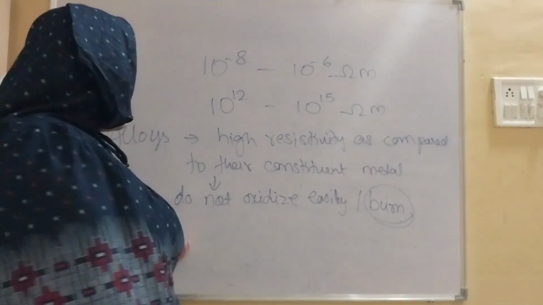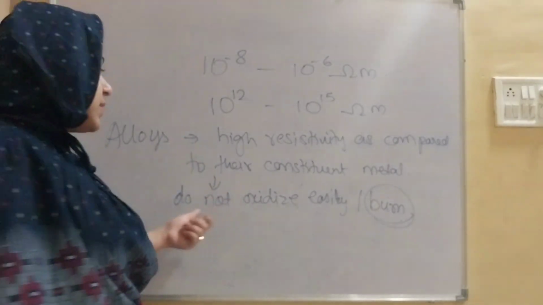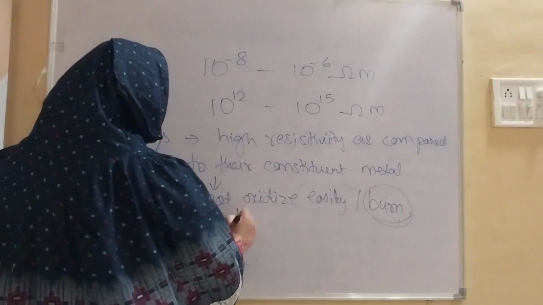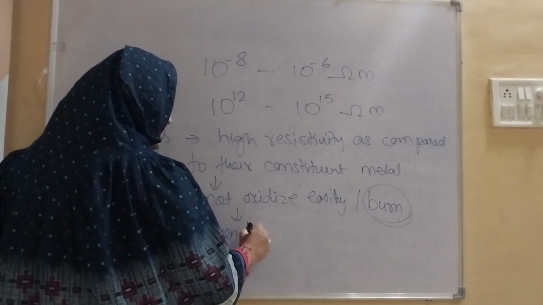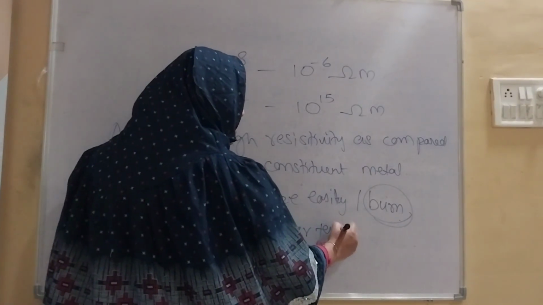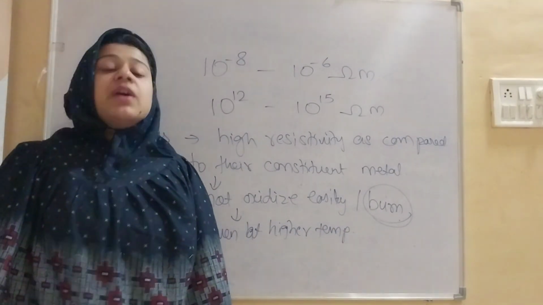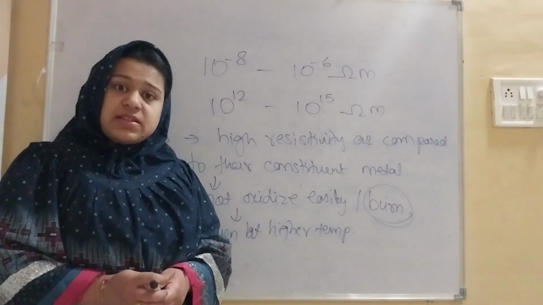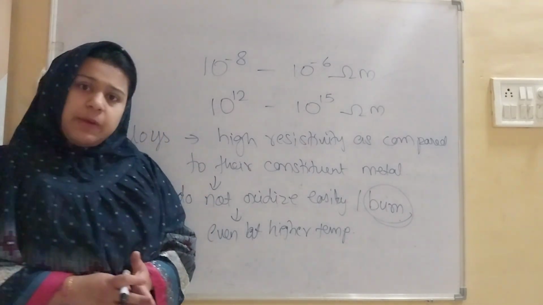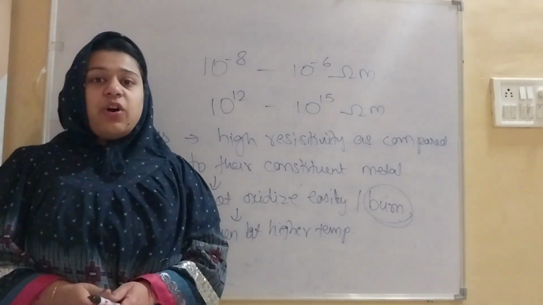Why do we use alloys? Because their resistivity is quite high, due to which they do not burn or oxidize easily even at higher temperatures. So this is all about the factors affecting the resistance of a conductor. Now in the next lecture we will be studying about combination of resistors.